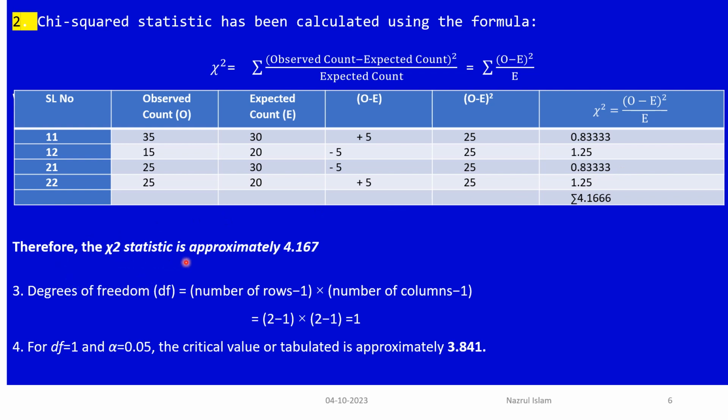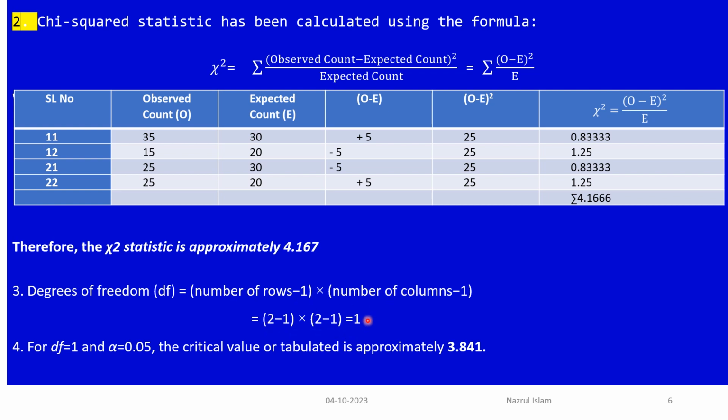Therefore, the chi-square statistic is approximately 4.167. This is the chi-square value. So we have to take degrees of freedom in the chi-square distribution. This is a 2 by 2 contingency table, so degrees of freedom is determined as rows minus 1 multiplied by columns minus 1, that is (r minus 1) into (c minus 1).